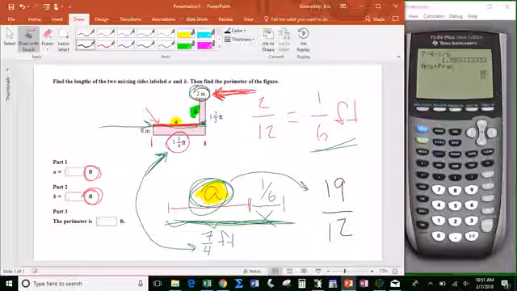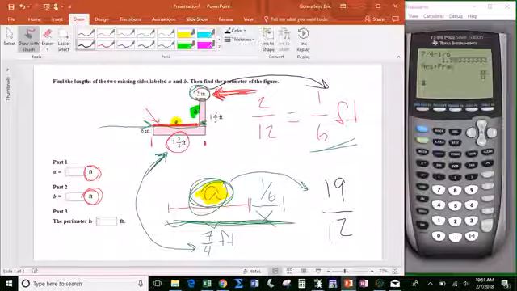So that's the total horizontal length, which was 1 3/4 of a foot, converted to 7/4, minus the 2 inches. We can't subtract inches from feet, so we have to convert the inches to feet. So 2 inches became 1/6 of a foot.